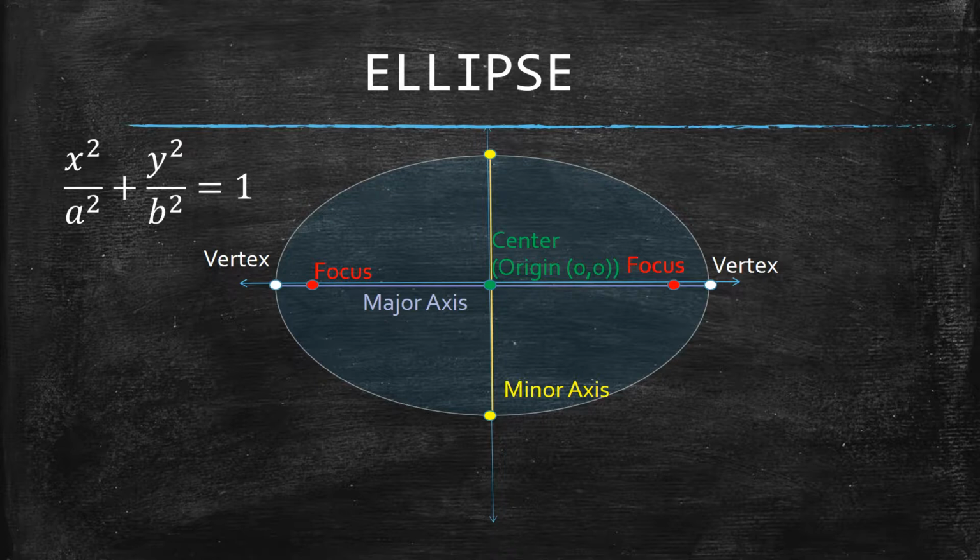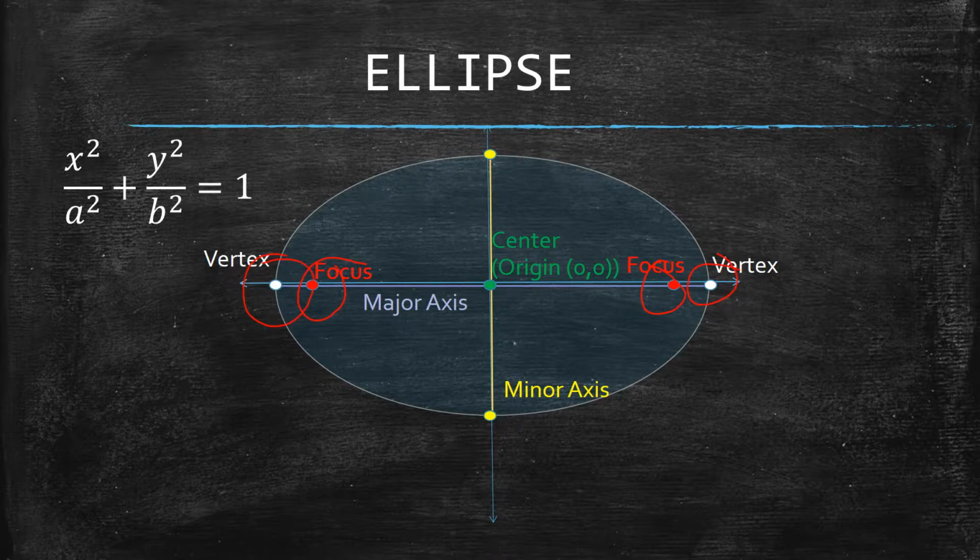Here we have some major components of an ellipse. On an ellipse we have a center. In this case it is at the origin, which is 0, 0. Then we have a major axis going along the x-axis and a minor axis along the y-axis, which is shorter than the major axis. The major axis contains the foci and the vertices.